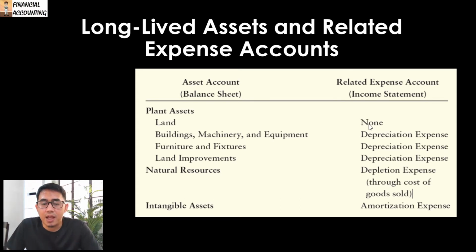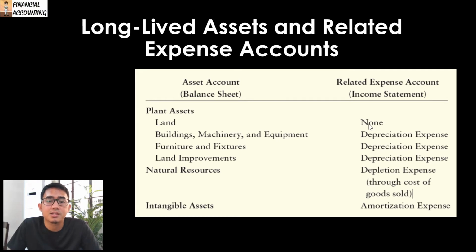Intangible assets, on the other hand, we will expense through amortization expense. Of course, there are also limits. For example, a patent has a life. I'm not certain of the number of years, but there is certainly a limit.